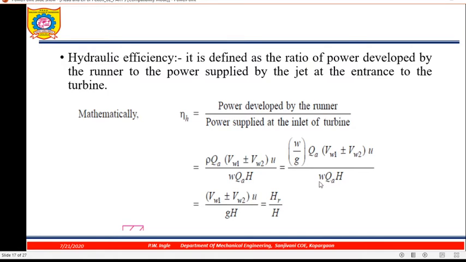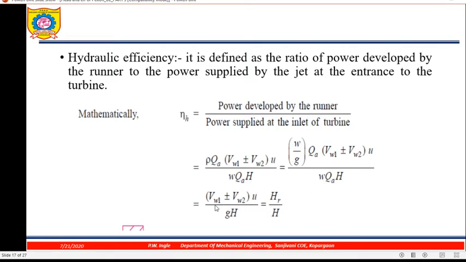So the power supplied at the inlet of turbine is in the form of kinetic energy, and we are getting kinetic energy by conversion of potential energy. So potential energy is equal to kinetic energy. That's why it is W into Q_A into H, that is rho g Q H. Therefore Q_A will be cancelled out.